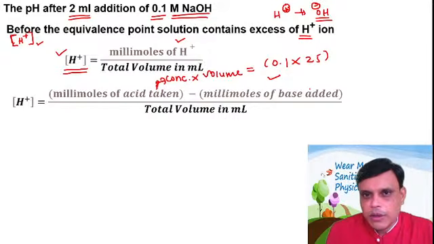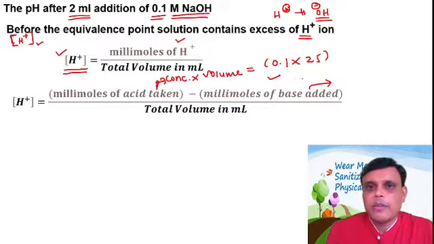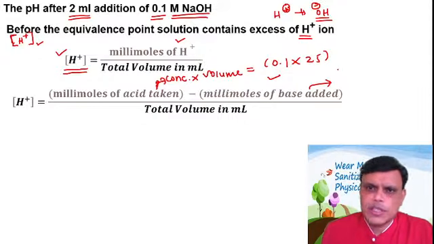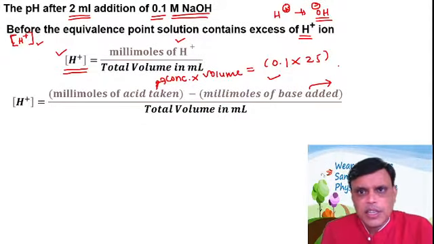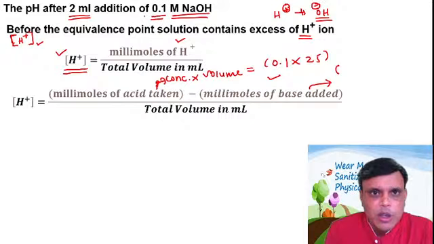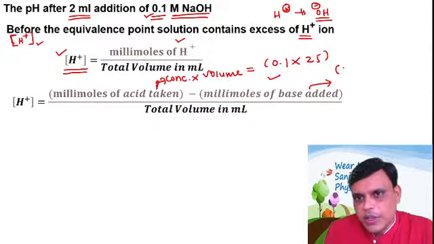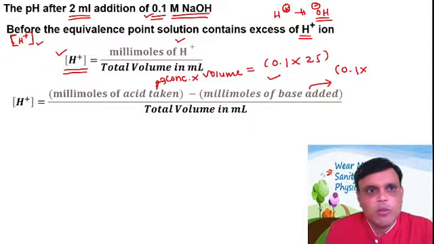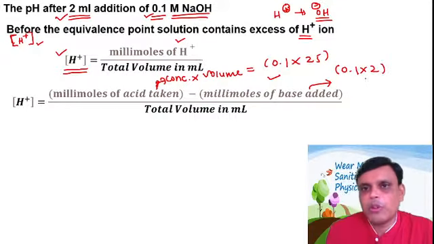Now what is the millimoles of base added? Millimoles of base added is nothing but concentration into volume. What is the concentration of NaOH? Concentration is 0.1 and volume is how much? Volume is 2 ml. So put the values, and what is the total volume? 25 plus 2, total volume is 27.